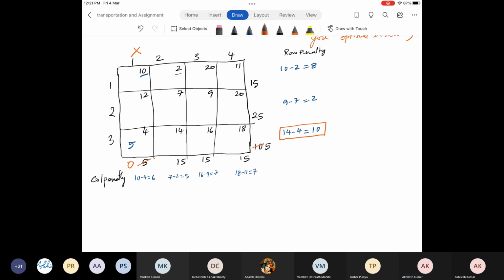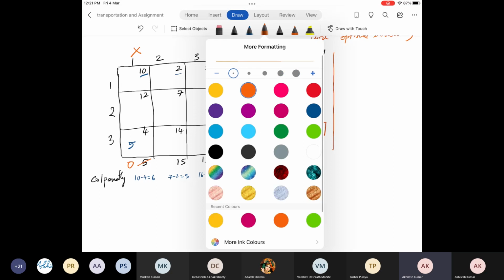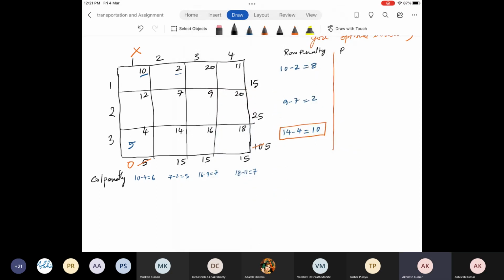So again, we have to calculate the row penalty. So tell me what is the smallest cost and next smallest cost, removing the column or row which has been crossed out.